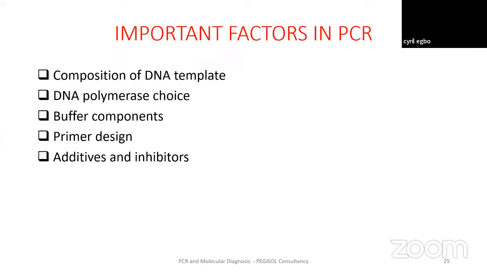Then the additive that is part of the reagent you use. For instance, you are collecting a blood sample. Let's just use EDTA as an example. You are collecting a blood sample that you want to use for DNA extraction.